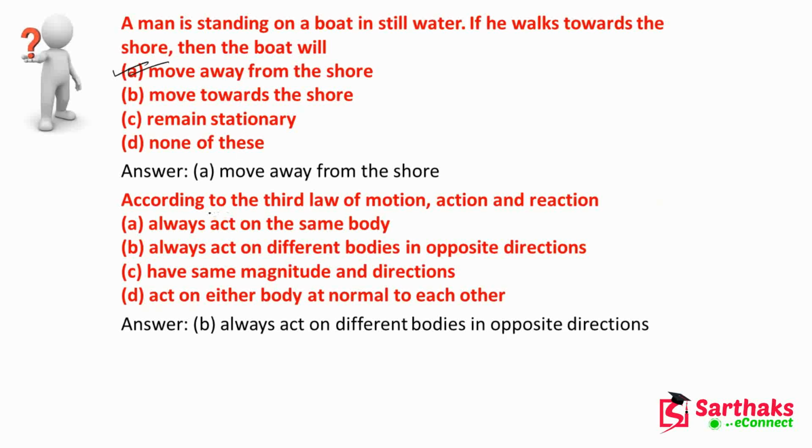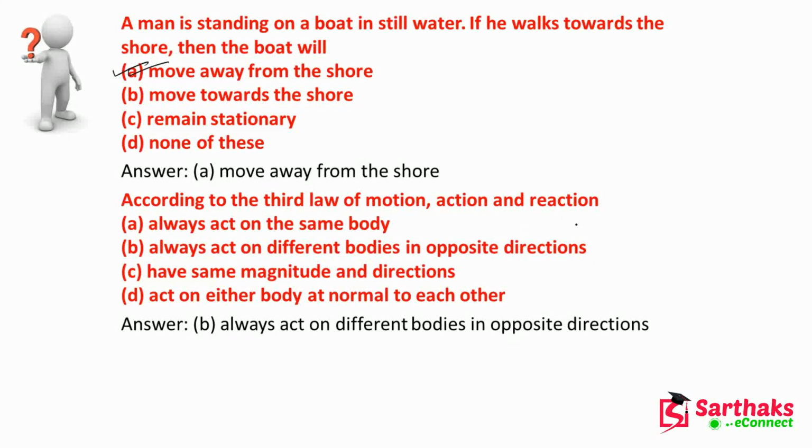According to the third law of motion, action and reaction always act on the same body, always act on different bodies in opposite direction, have same magnitude and direction, act on either body and normal to each other. So here, they always act on different bodies in opposite direction.